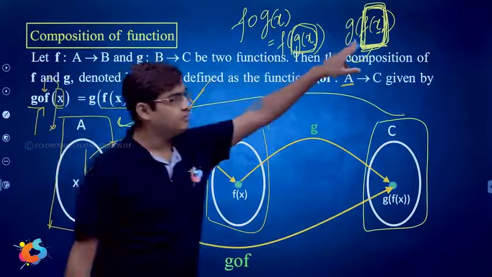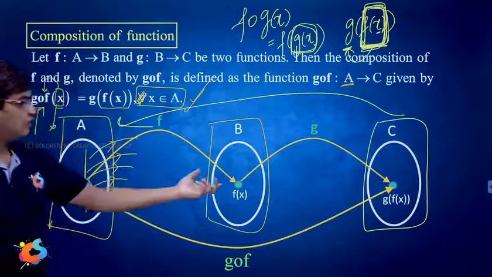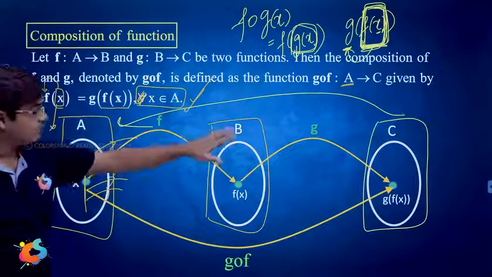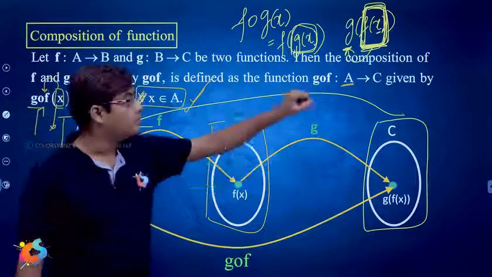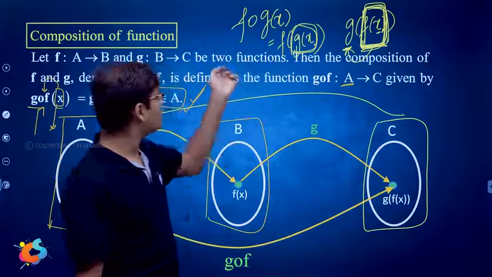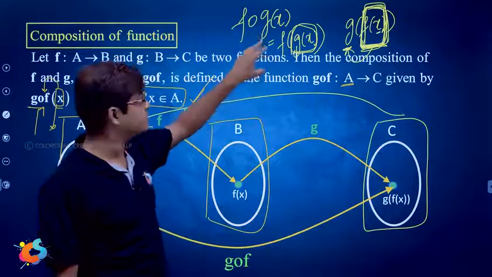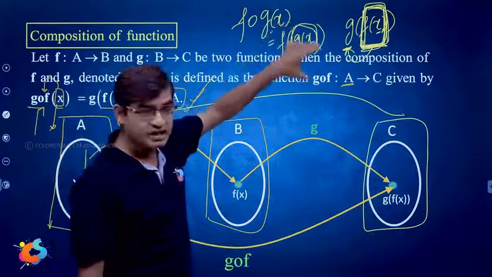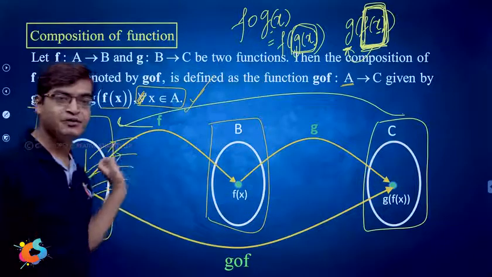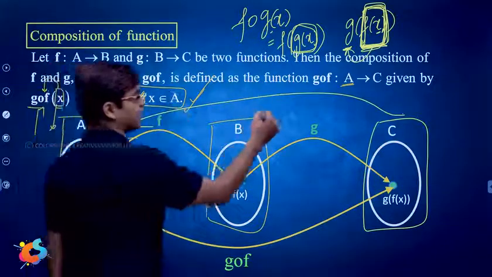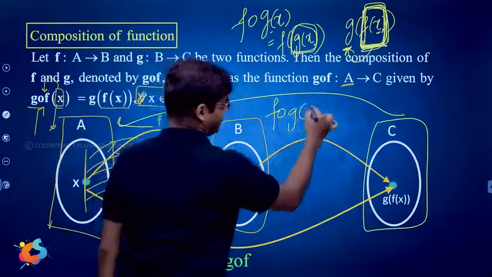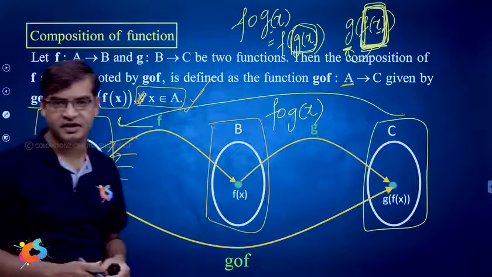In this case, we have the output of f as input for g. But where you have f circle g of x, the output of g is not the input for f. So here, in this example, this will not be defined.